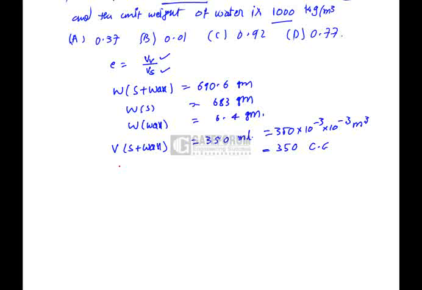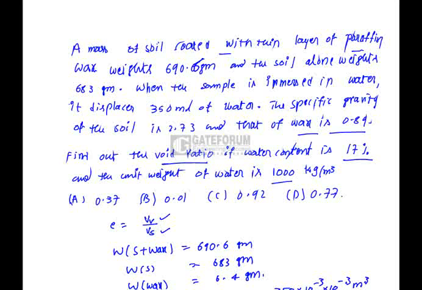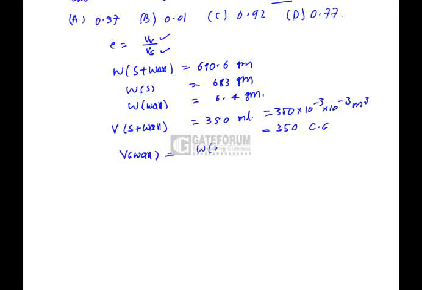Volume of the wax we will find out by using the specific gravity that was given in the question. Volume of the wax is weight of the wax divided by G of wax into unit weight of water.